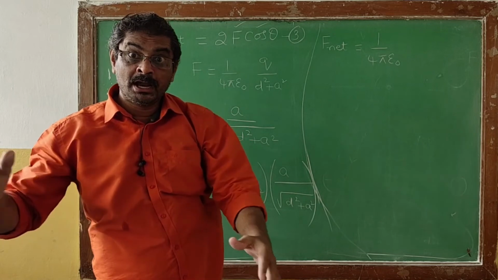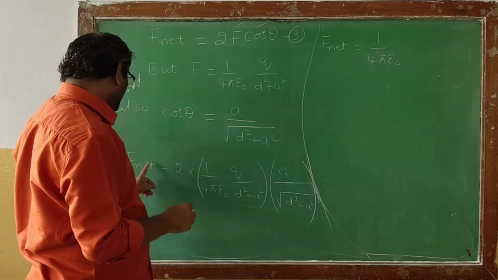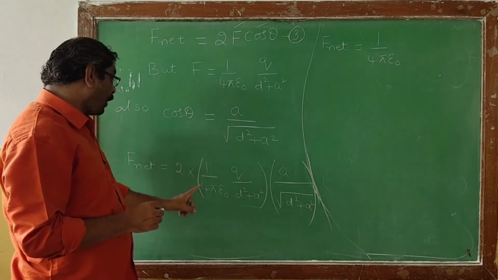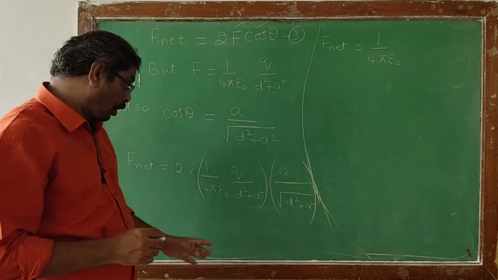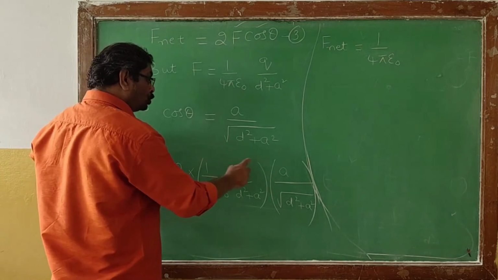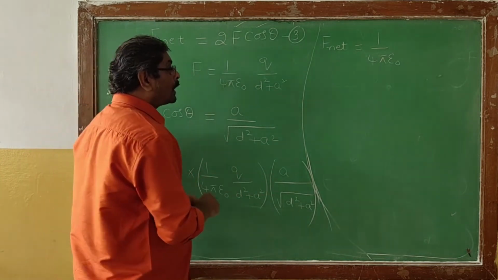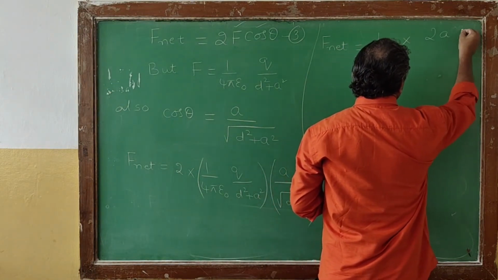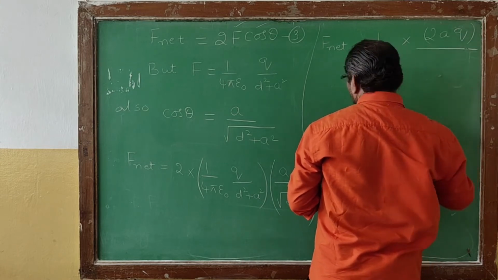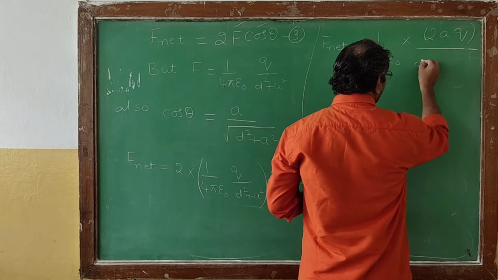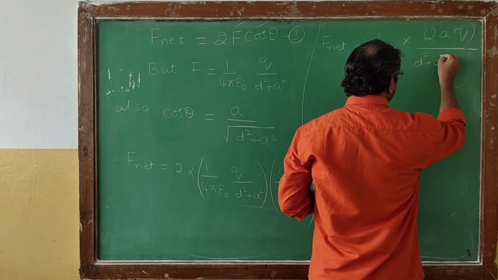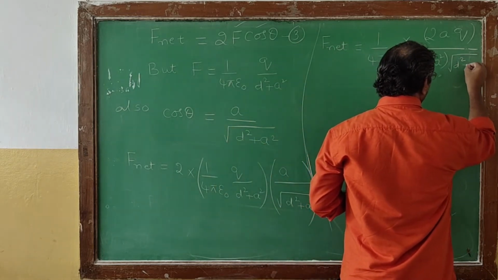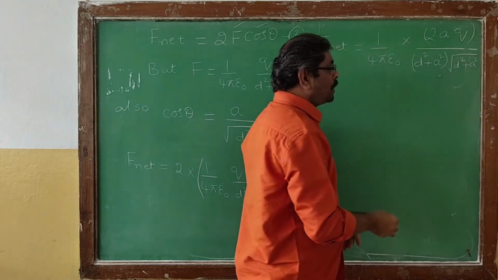So F net will be numerically equal to 1 by 4 pi epsilon naught multiplied by 2aQ, whole divided by, in the denominator, d square plus a square, multiplied by under root of d square plus a square.